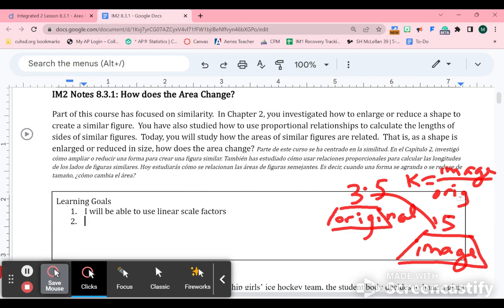And number 2, this is a goal we've already done. Number 1 was one we've already done. Number 2 is that I will be able to find an area scale factor given its corresponding linear scale factor.